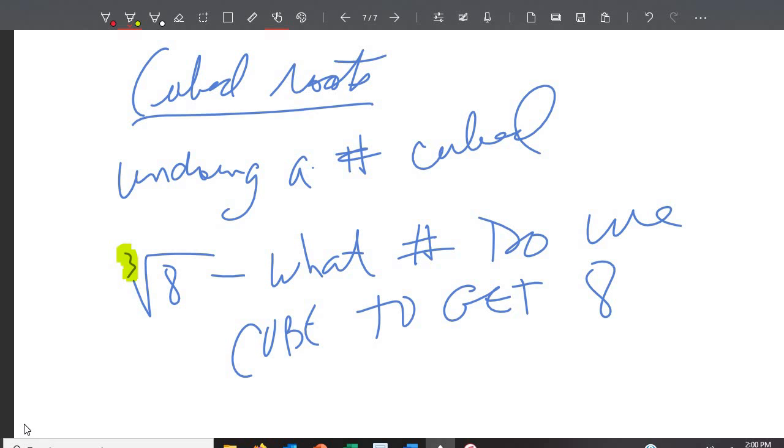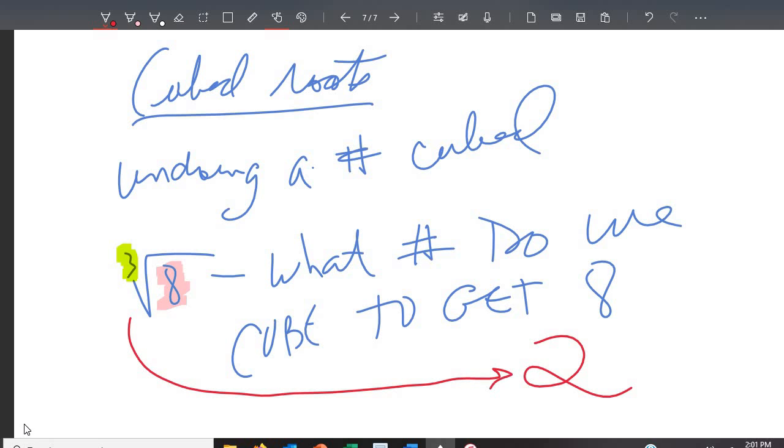We had to multiply a number by itself to equal something. So I look at this and I say, okay, what do I multiply by itself 3 times to equal 8? And the answer is 2. So the cube root of 8 would just be 2.